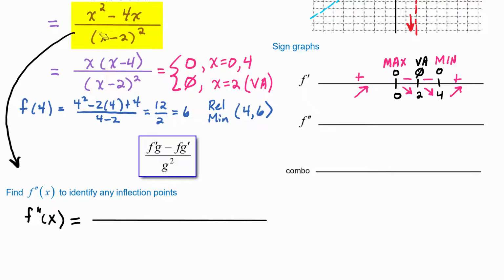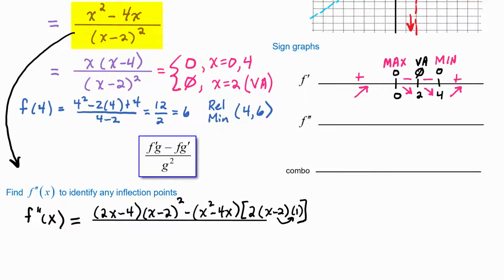So then the derivative of the top is going to be 2x minus 4 times the bottom, quantity x minus 2 squared, minus the top, x squared minus 4x, times the derivative of the denominator, which is going to be 2 times x minus 2 to the 1, and then chain rule would say times 1.